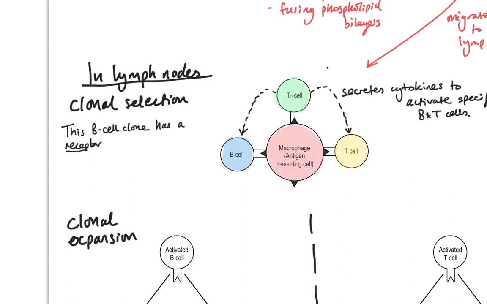So please use the term receptor. This B cell clone has a receptor that is complementary. We have to say how it's complementary. Is it hydrogen bonding? No, it's by shape to this antigen.